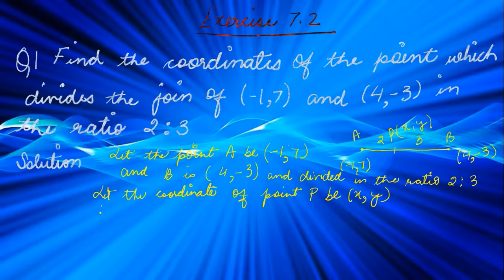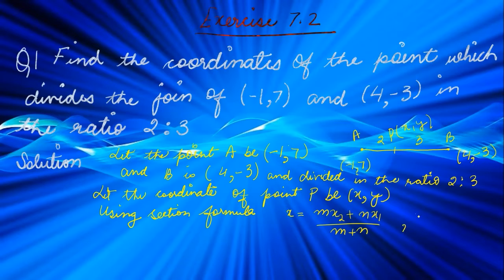Now, by using the section formula, so you know what the section formula is? That is, x is (m x2 plus n x1) upon (m plus n), and y is (m y2 plus n y1) upon (m plus n).